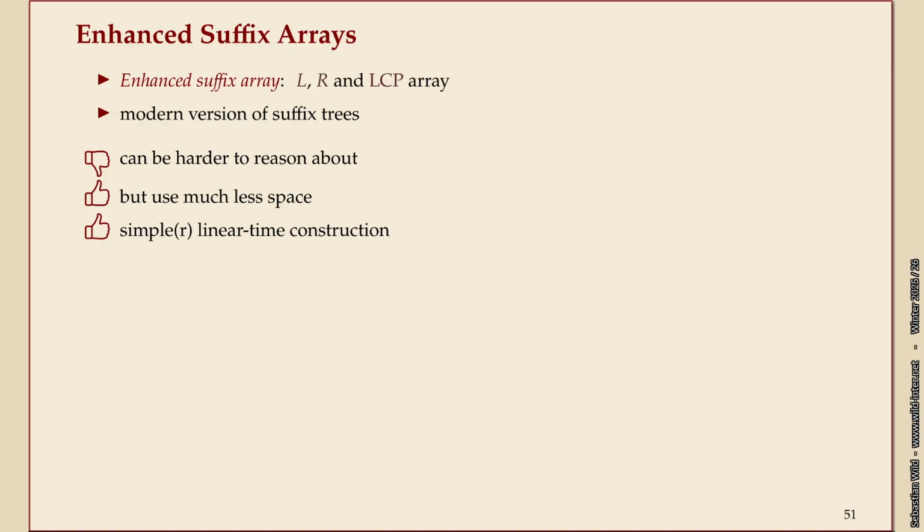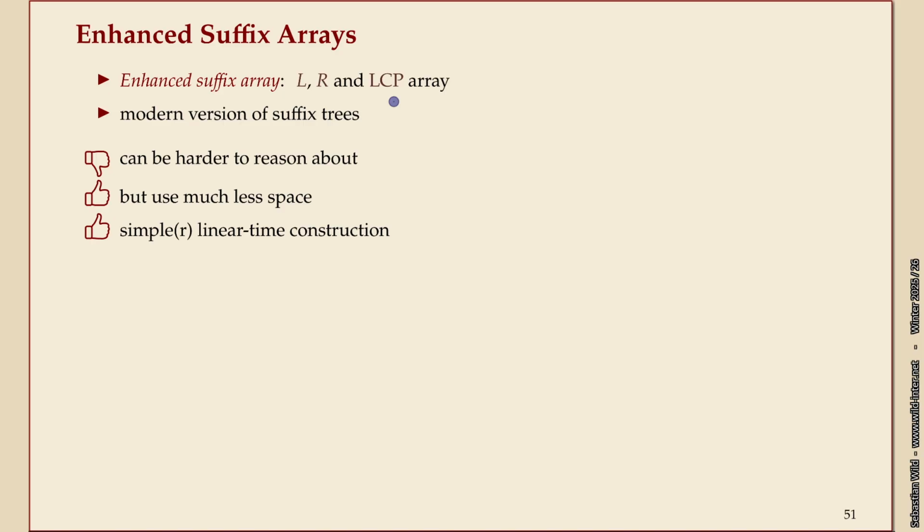Now, because these are so useful already, this combination of the suffix array, maybe with the inverse suffix array, and the LCP array has been given an extra name, the enhanced suffix array. Maybe it's not a good name, but it is a name. It usually means at least these 3, sometimes additional structures.